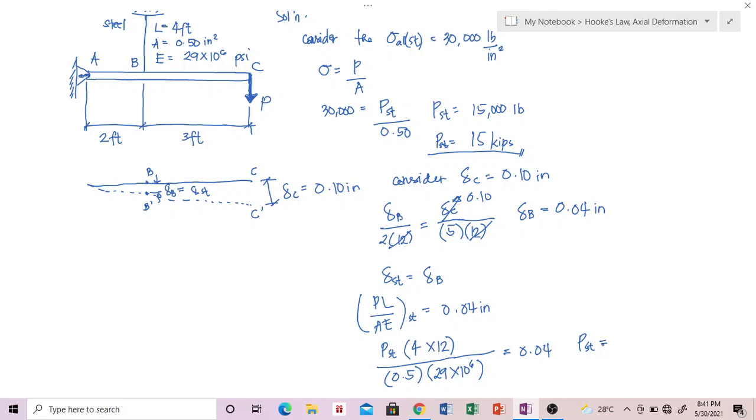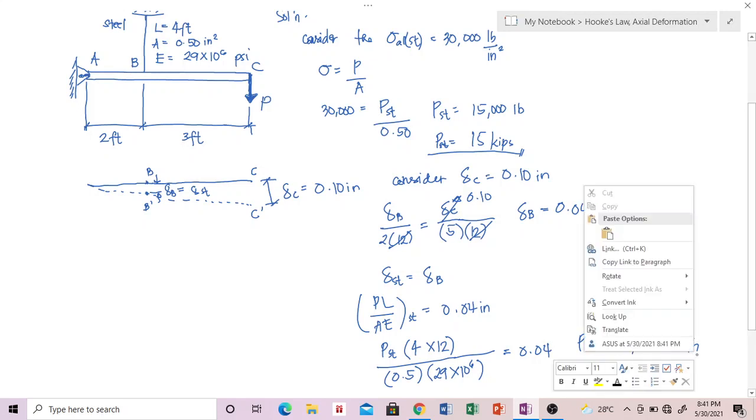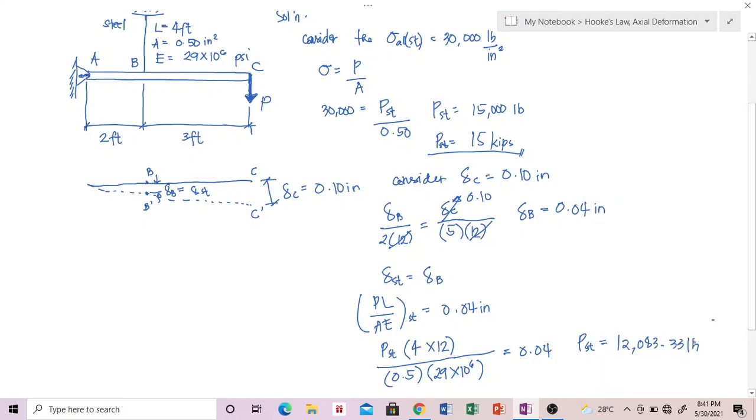So therefore, we have 12,083.33 pounds, or 12.08 kips.